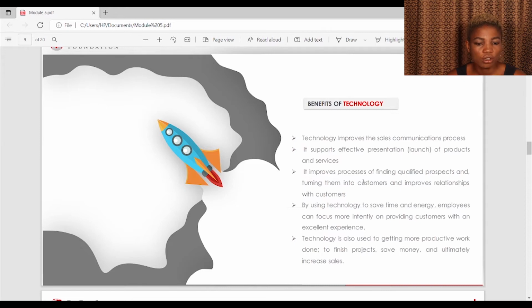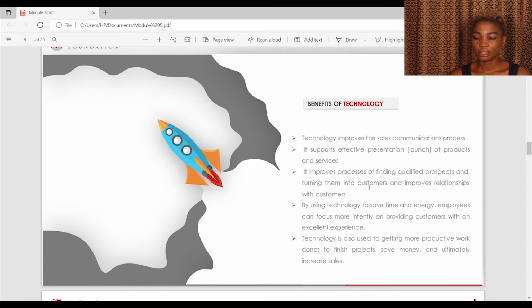So it improves processes of finding qualified prospects and turning them into customers, and improves relationship with customers. So with internet marketing, let's say for instance, if you're talking about Facebook marketing, it's actually easy for you to narrow it down.